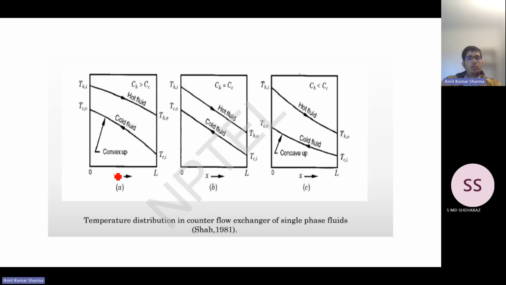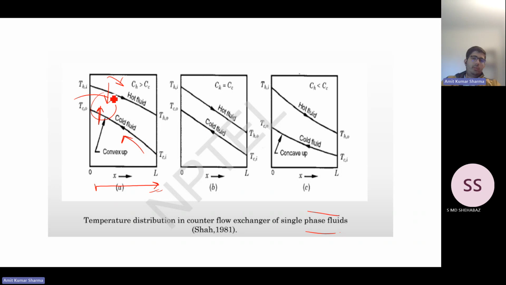So this is the temperature distribution in a counterflow exchanger of single phase fluid. Okay, so you can see the direction is 0 to the length of the heat exchanger. Cold fluid is flowing like this, hot fluid is flowing like this. So this is losing heat, this is gaining heat. This is the heat exchange.